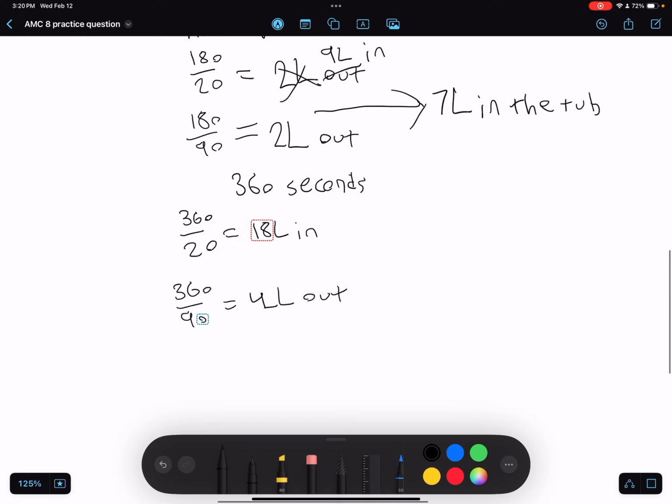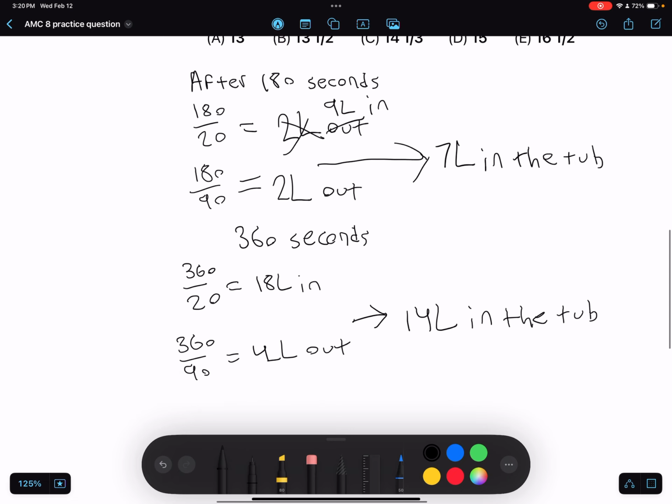That tells us there's going to be 14 liters total inside the bathtub after 360 seconds. So we don't have to keep going. We see a pattern here now. It increases by 7 liters every 180 seconds.